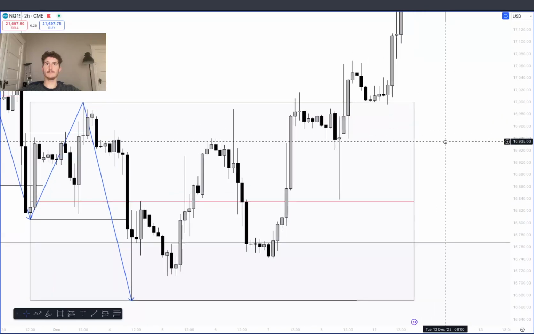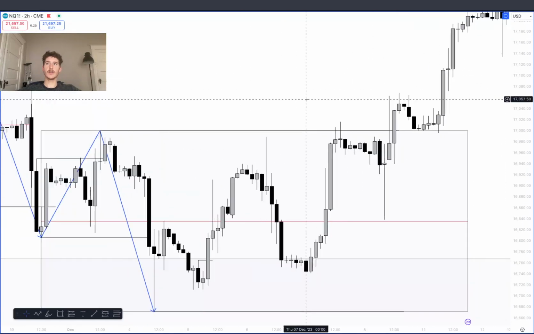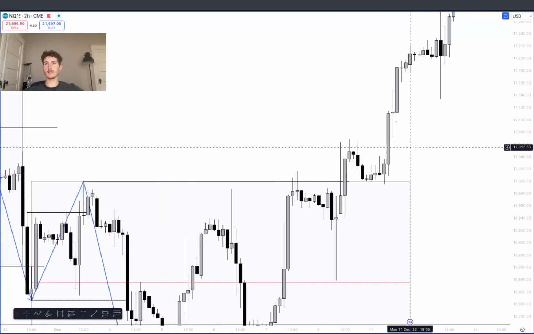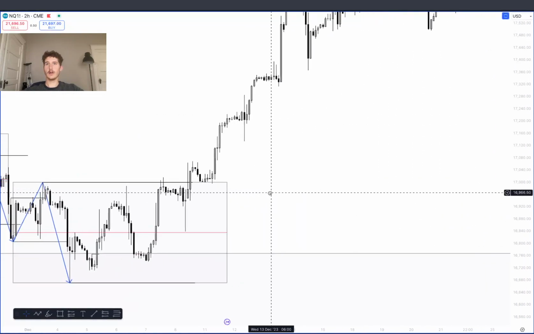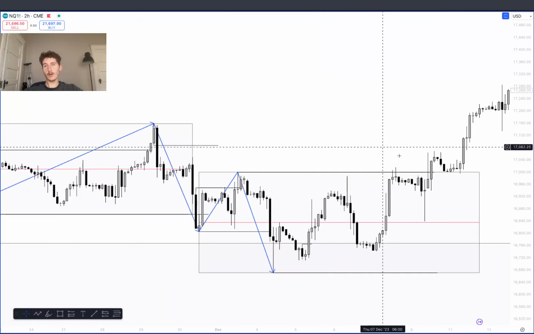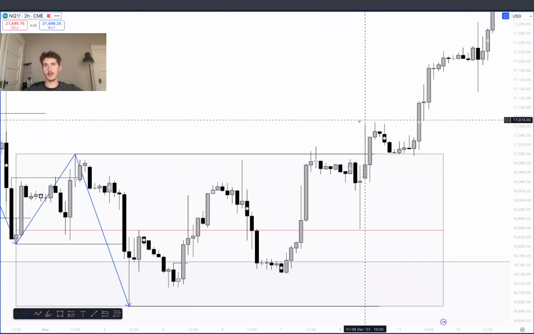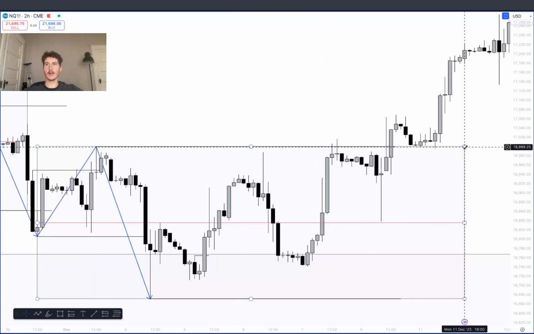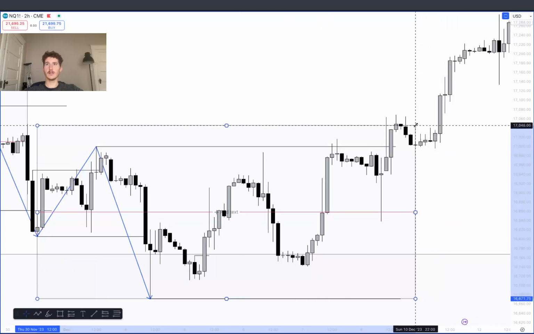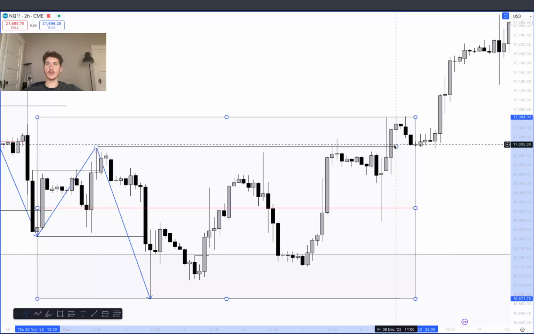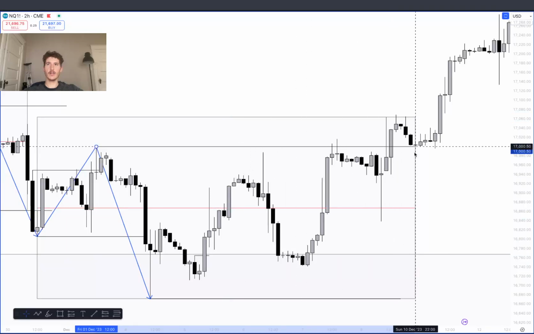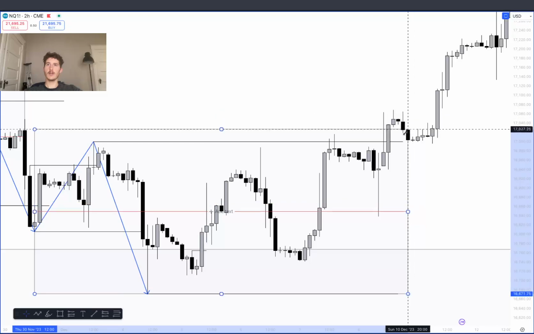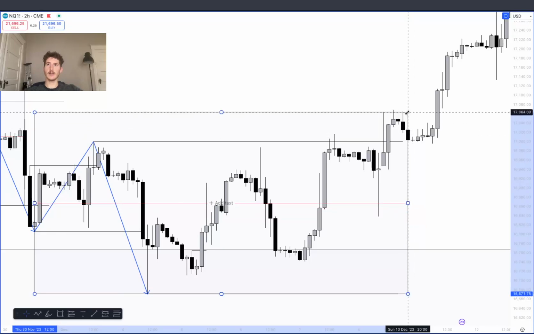Boom, just like that. Now here's a good nuance, something that you guys can practice because I think it's helpful. When you see price wicking out above like this, before making that closure, I just continue my box. So my validation point for the flip is here, but I'm going to drag my box up to here.